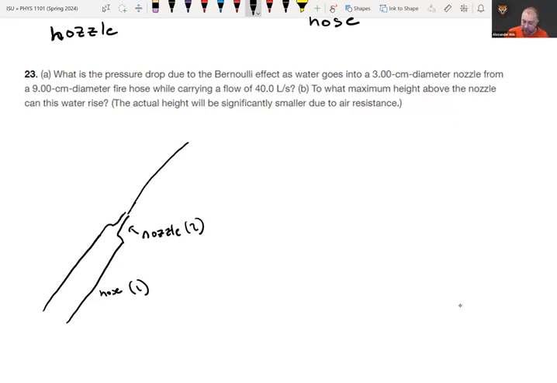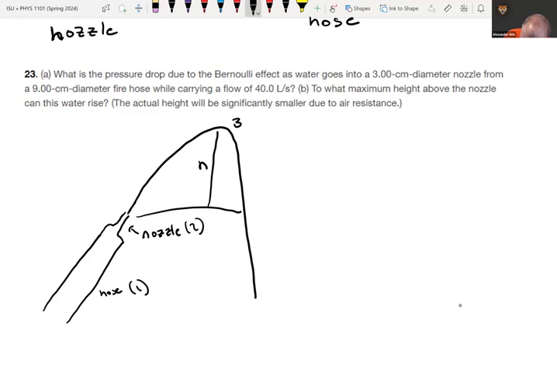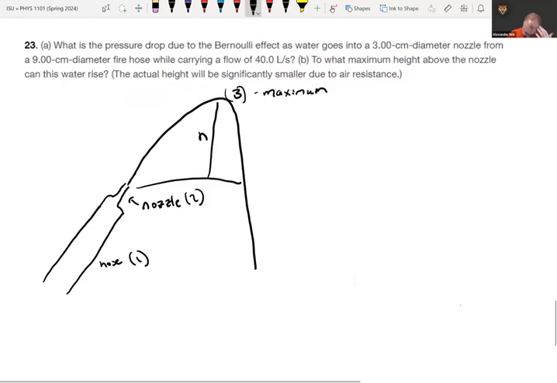Really, it should be vertical. That's what we're really looking at here. But I'm going to draw it sideways just so we can see what's going on. And then the idea here is we want to know, okay, what is this height? So this would be 3 and this would be the maximum height. Okay. And what this means is we're going to be looking at at least 3 different situations here.